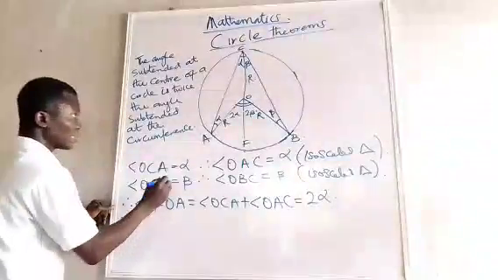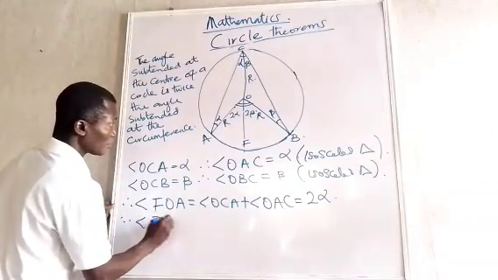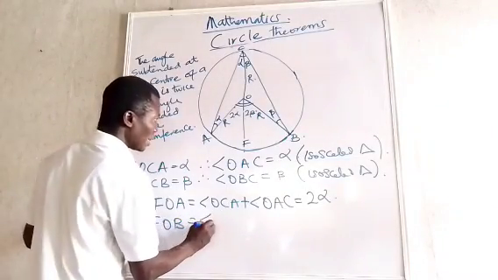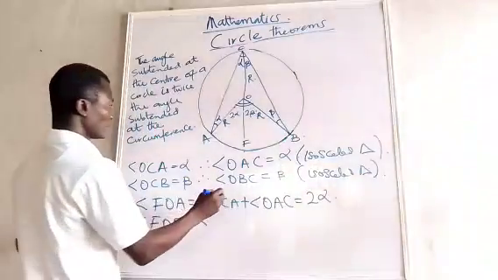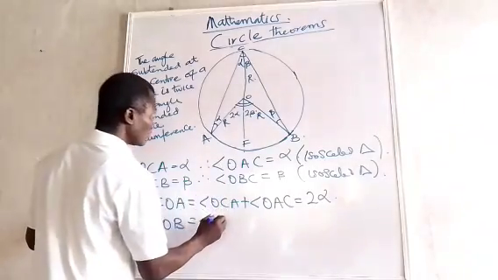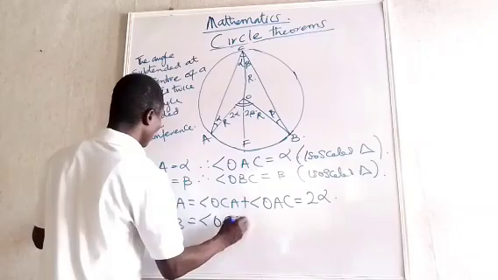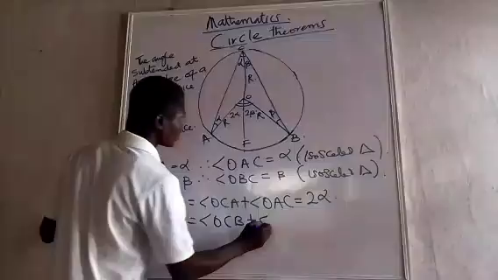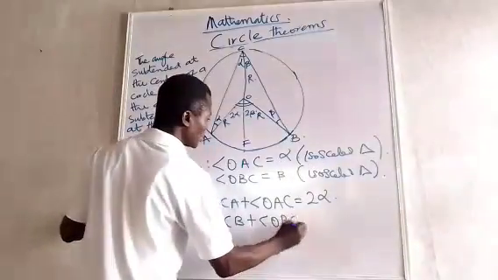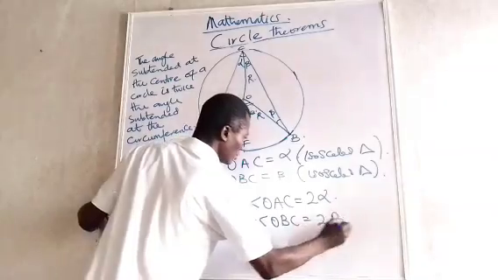In the same way, we can also say angle FOB is equal to angle OCB plus angle OBC, which is equal to 2 beta.